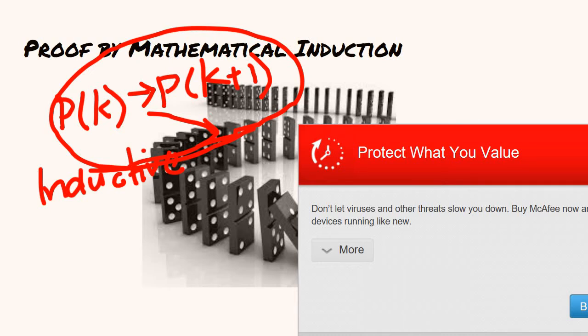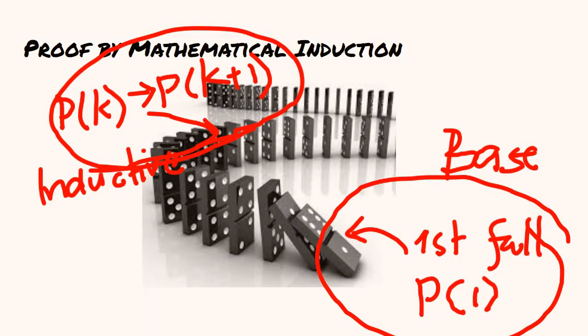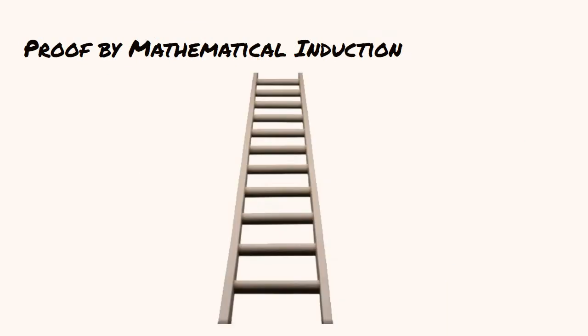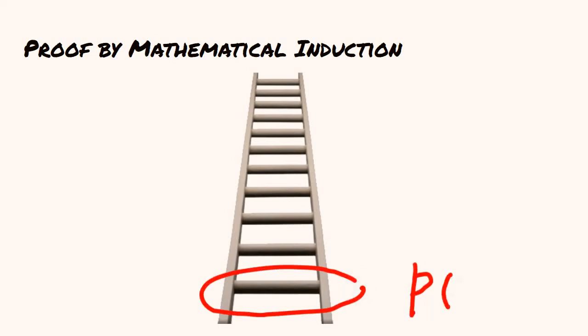Another visualization will be a ladder. In proof by mathematical induction, if there is a first step, P1, then we can choose an arbitrary step in the ladder, P sub k.